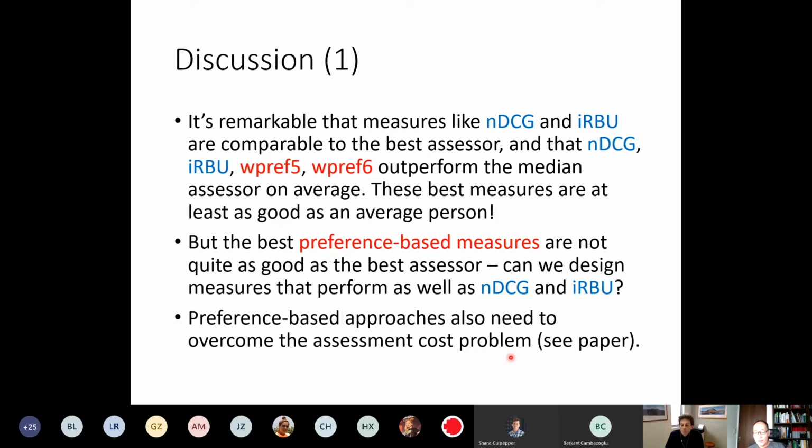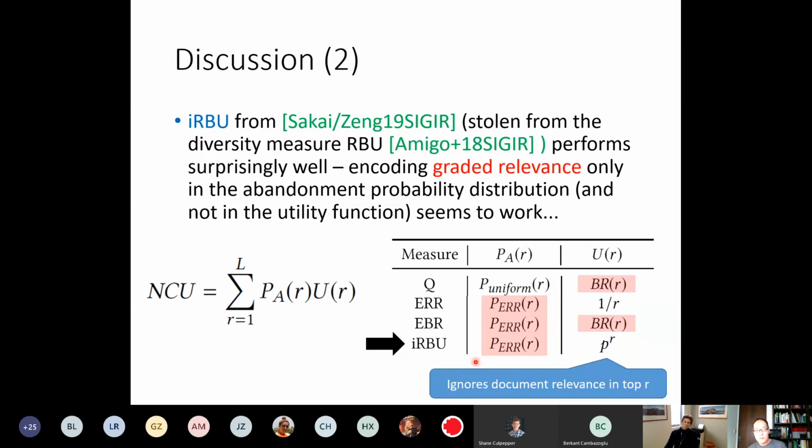In my actual paper, I actually reduced the amount of document preferences and looked at the effect on the mean agreement rate. And obviously, as we reduce the number of document preferences, the mean agreement rate declines. So at this point, I don't have a good reason to really move from absolute graded relevance to the preference-based paradigm.